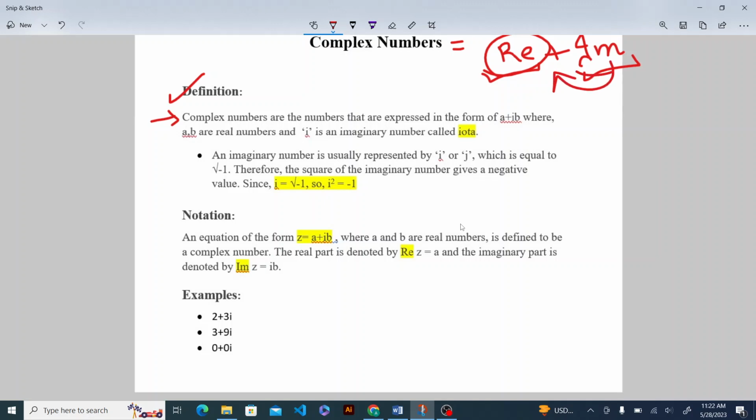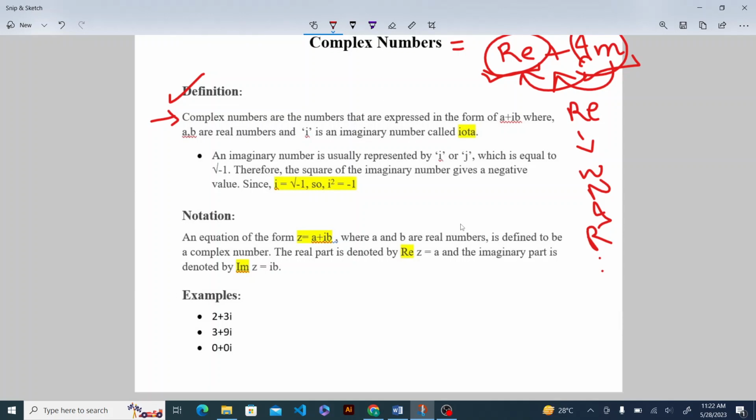So only imaginary numbers are not included in the real numbers, but all the other numbers are included. Real numbers contain whole numbers, natural numbers, integers, rational numbers, irrational numbers, etc., but they don't contain imaginary numbers.